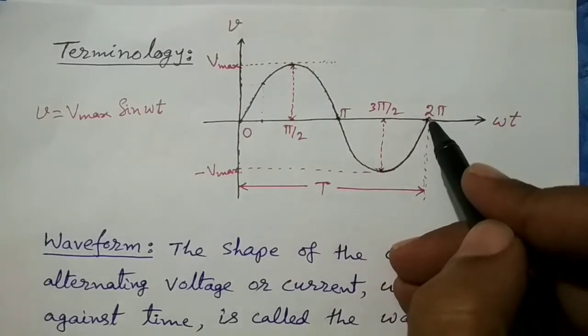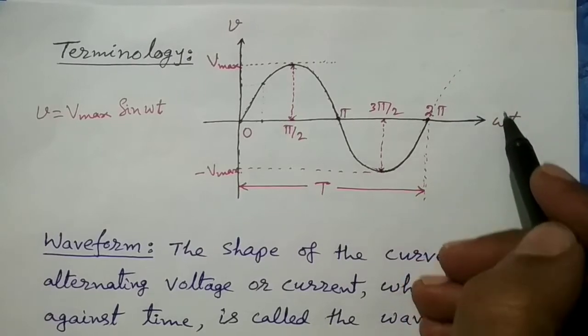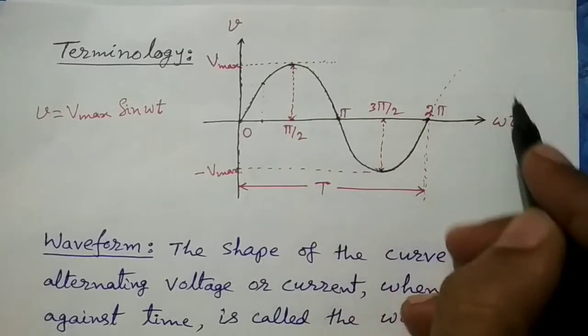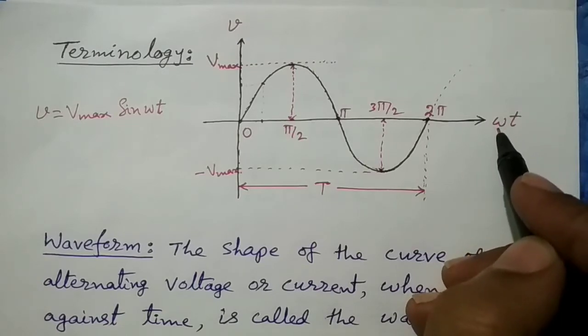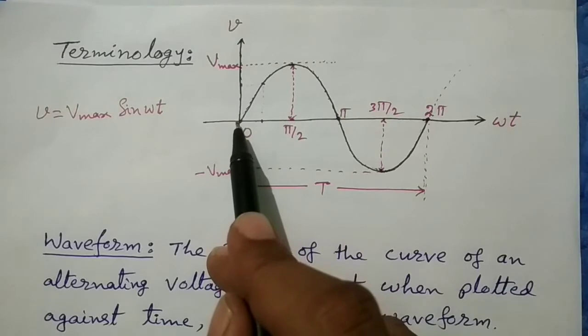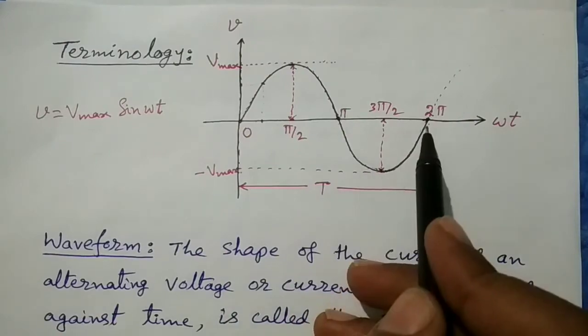After 2 pi radian, if the coil continues to rotate, then we will get this waveform again. So this process will be continuous. But for one complete rotation, the nature of the voltage with respect to time will be this sinusoidal waveform.